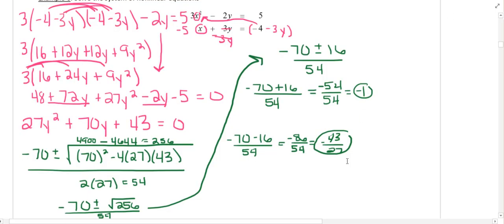So to find the x value, you're going to take each of these, plug them back into the original equation here. Okay, so not the original equation. Actually, yeah, we could plug them back in right here to where we have x equals negative 4 minus 3y. Let's go ahead and do that.